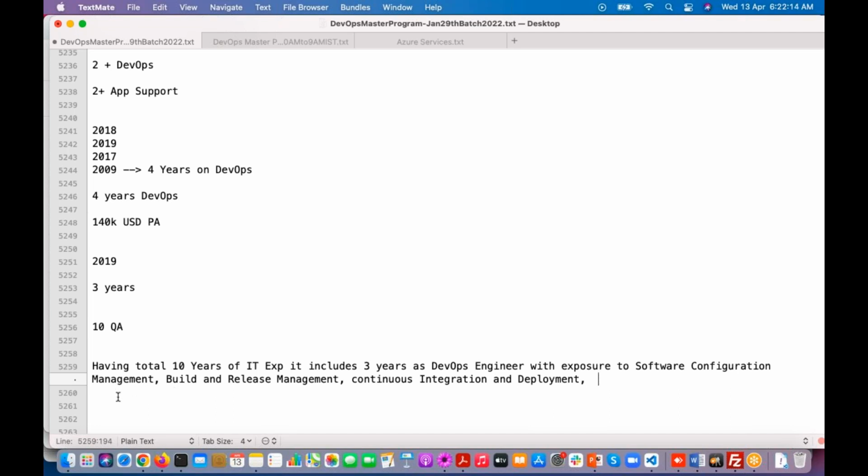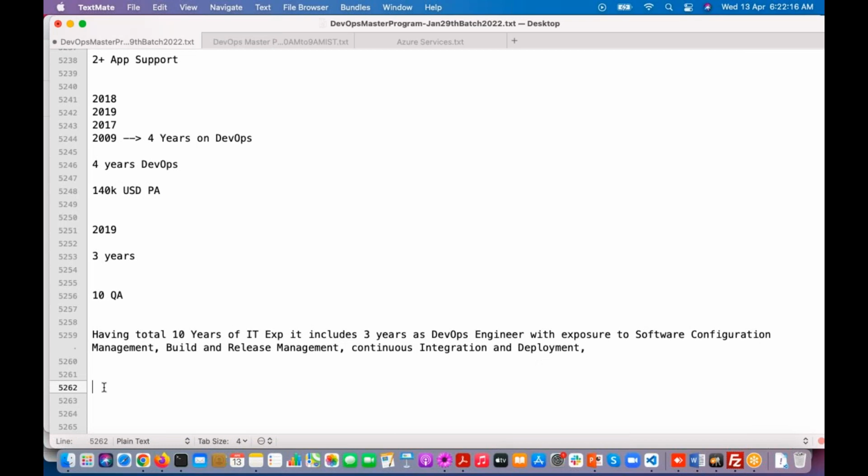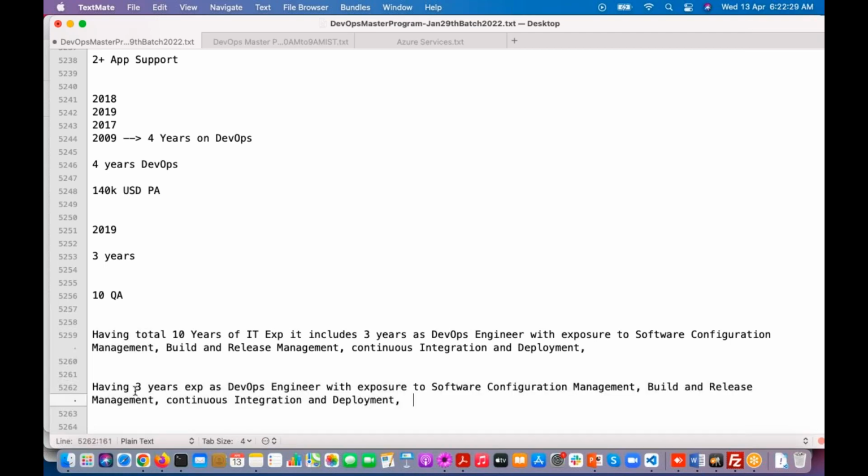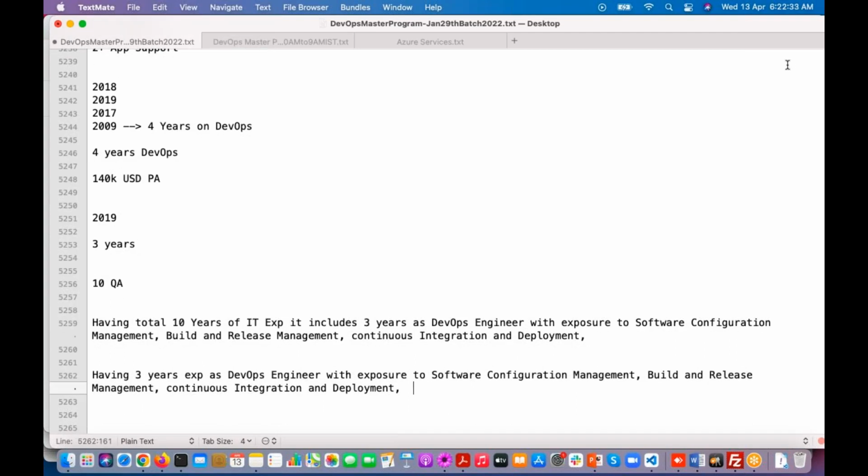Suppose you don't have direct experience, you can just mention that you have 3 years of experience as a DevOps engineer with exposure to tools. You can keep it like this.